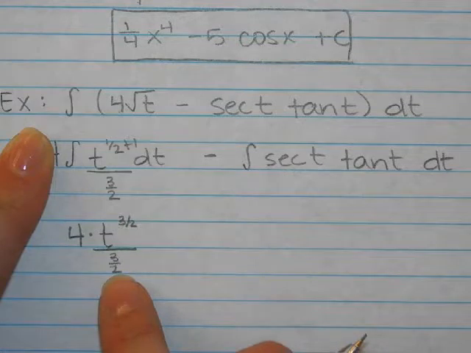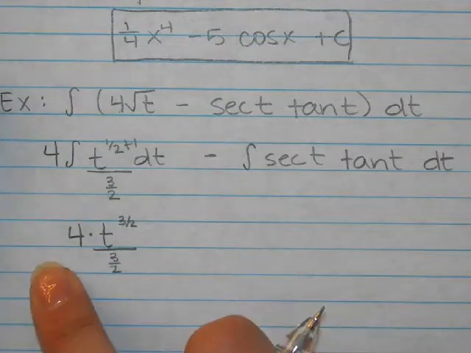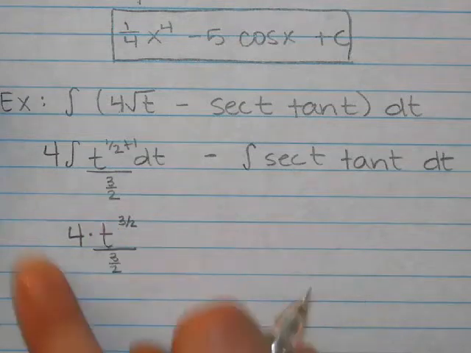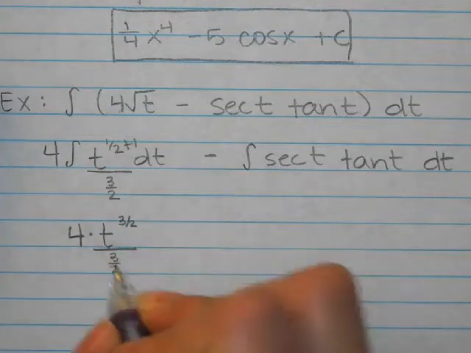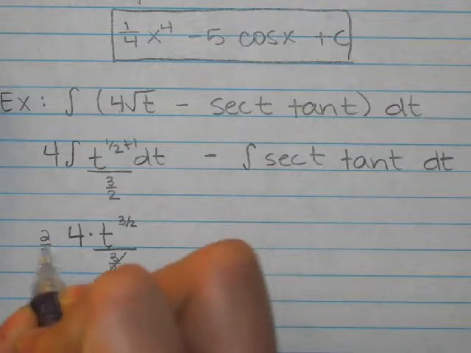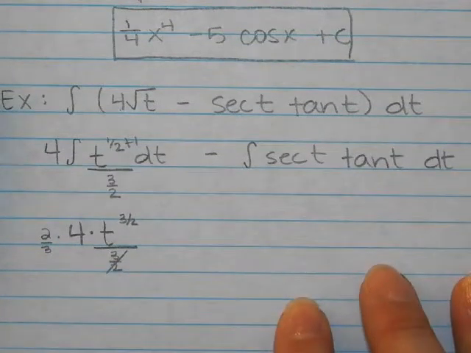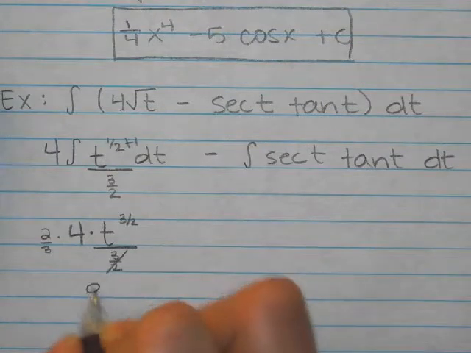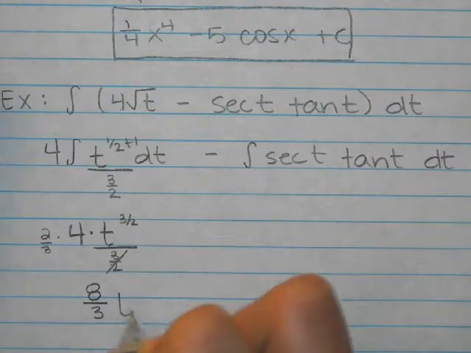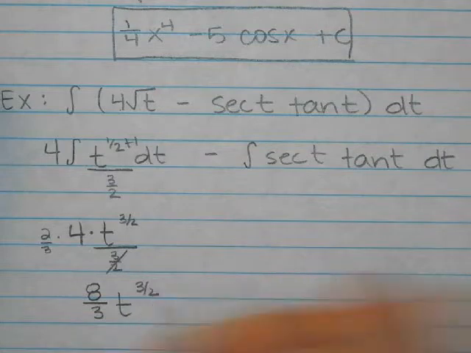So what do you do with that 3/2? Yeah, we multiply by the reciprocal, or we keep the top and flip the bottom and multiply them, right? So that means we're multiplying this by 2/3. So that would be 8 over 3. So it would be 8/3 t to the 3/2.